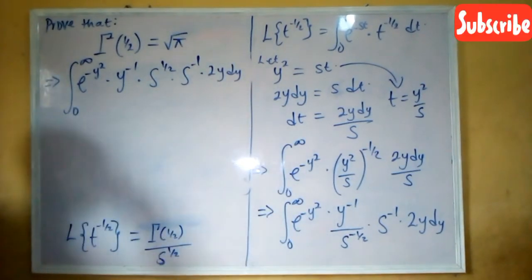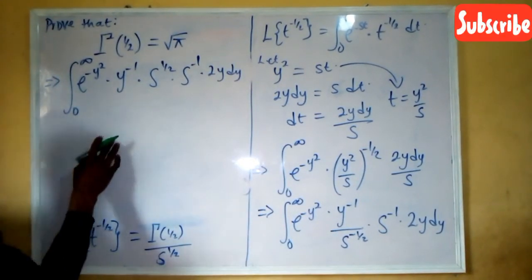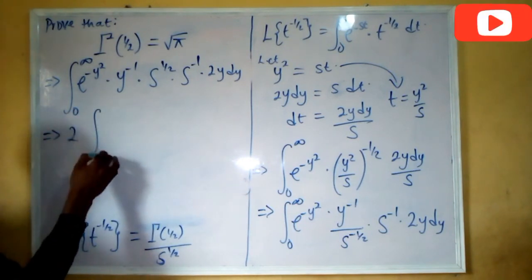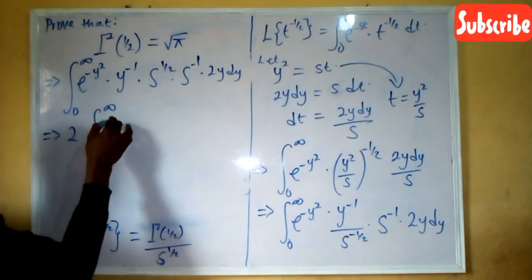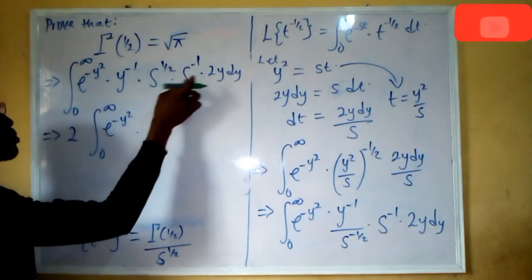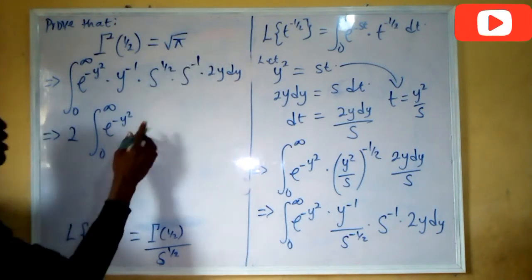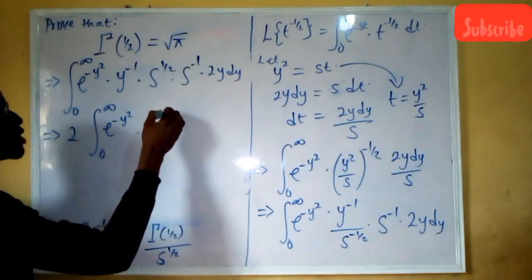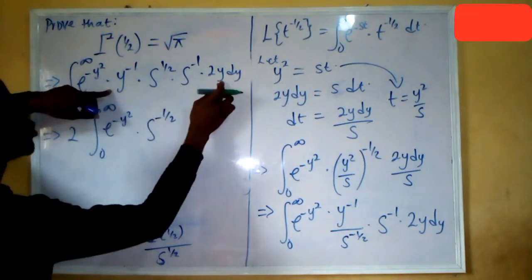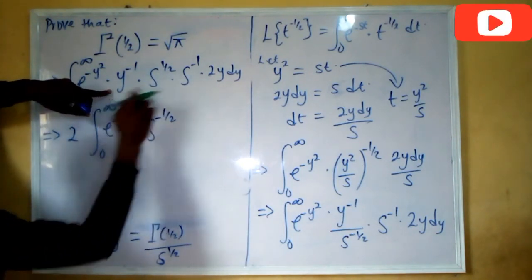Anyway, you can bring out the 2, no problem. So then I have the 2 integral from 0 to infinity of e raised to the power minus y squared. Then here we're going to have s raised to the power half multiplied by s raised to the power minus 1, and that gives us s raised to the power minus half using the law of indices.